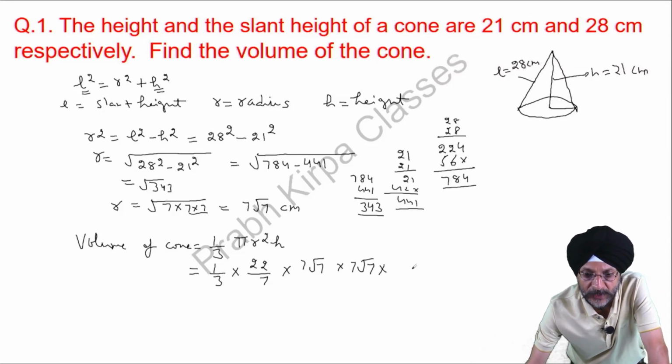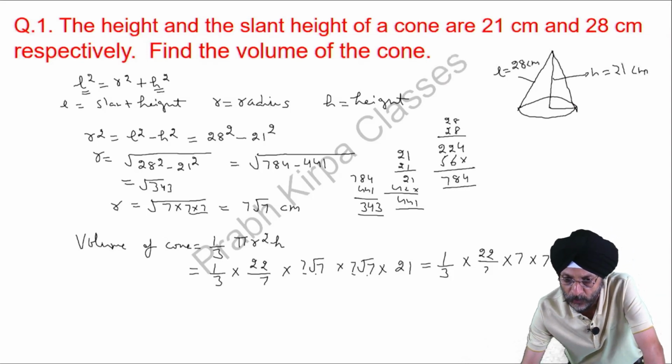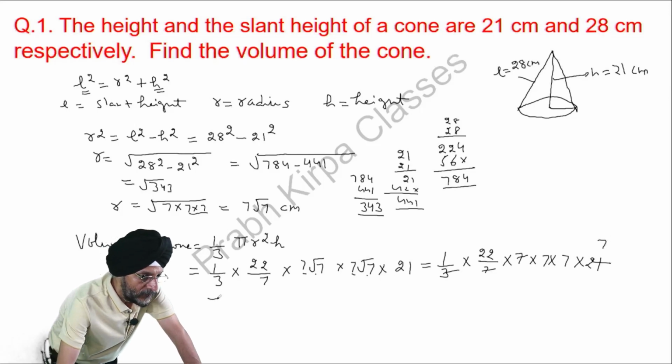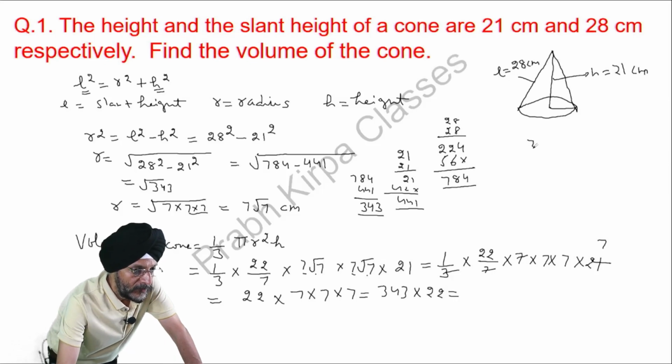Height, its value is 21. 1/3, 22/7 into this 7 and this 7, and when this under root 7 and under root 7, one under root will go out. So here we will solve 7, 7, 3, 7. So what is balance? 22 into 7 into 7 into 7. 3 times 7 we have written, it comes 343 multiplied by 22.